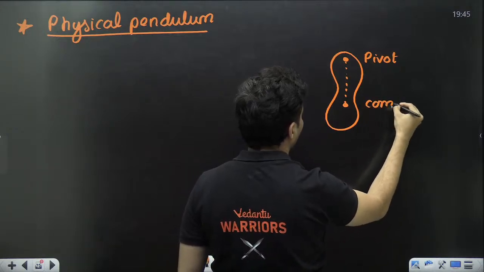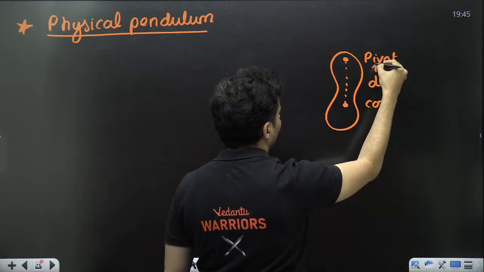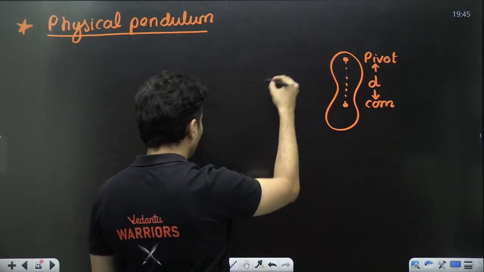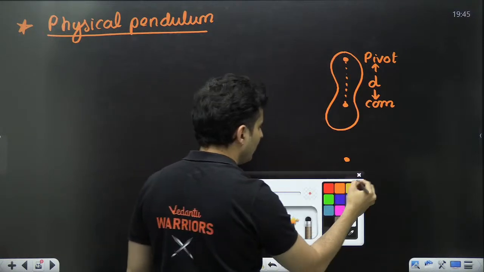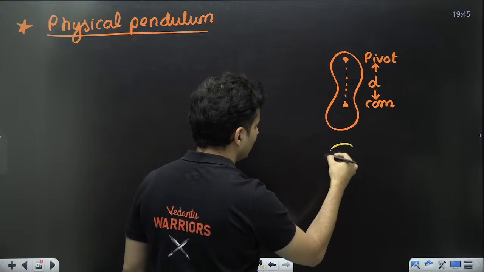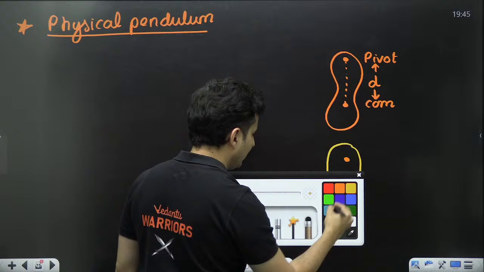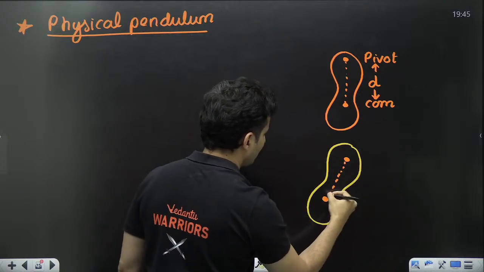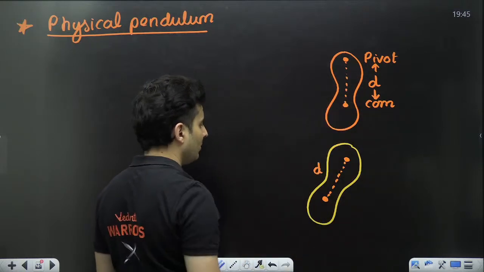This is the center of mass of the body. The distance from pivot to the center of mass is basically d. Now what you do is you rotate the body. Now the center of mass has come, let's say, over here. This is that d, the distance between center of mass and the pivot point.